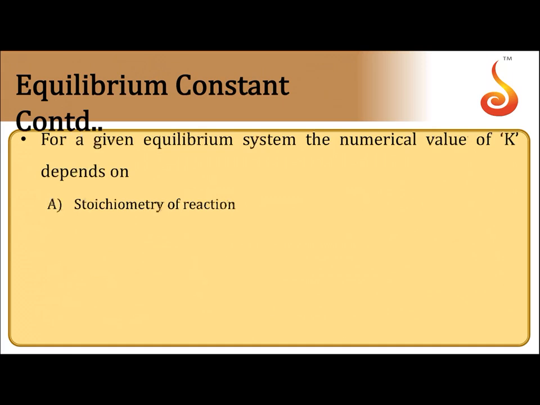Then comes, for a given equilibrium system, the numerical value of K depends upon the stoichiometry of the reaction.